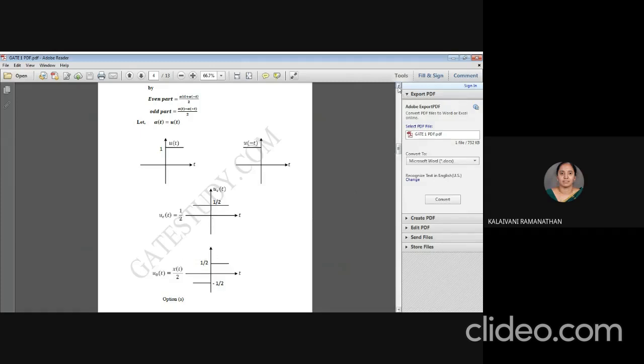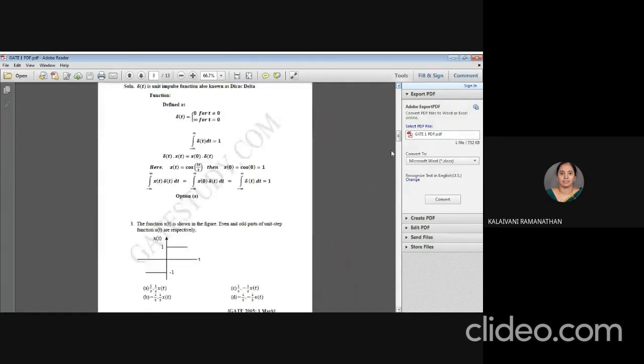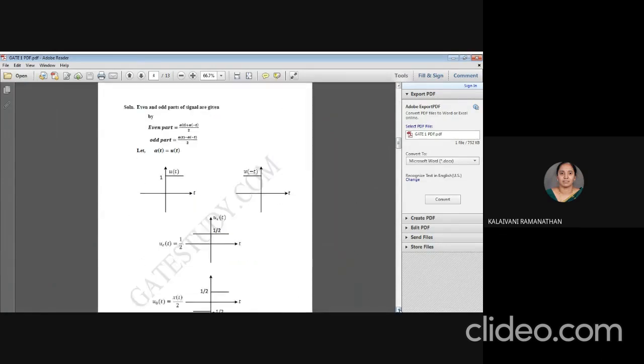So now you can check the options. Here the options are given as 1 by 2 comma 1 by 2 x of t, and B is minus 1 by 2 comma 1 by 2 x of t. So you can check the same with our plot.